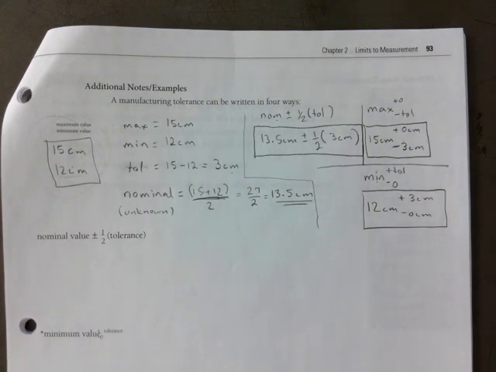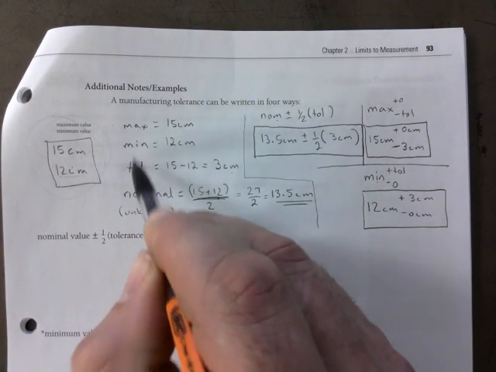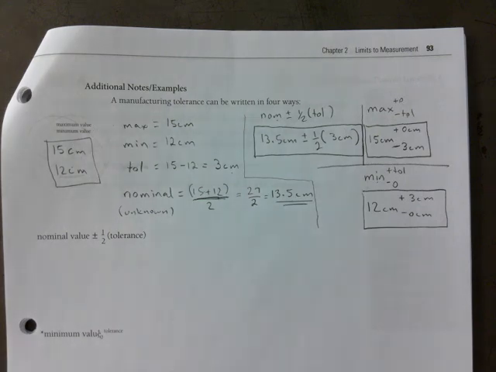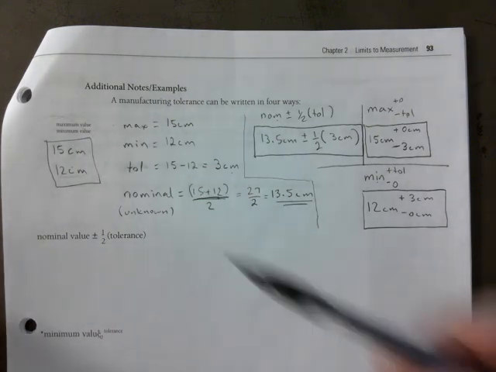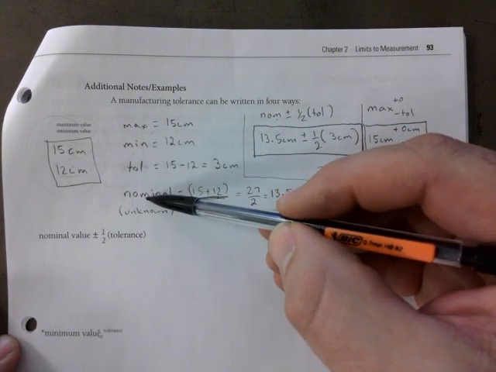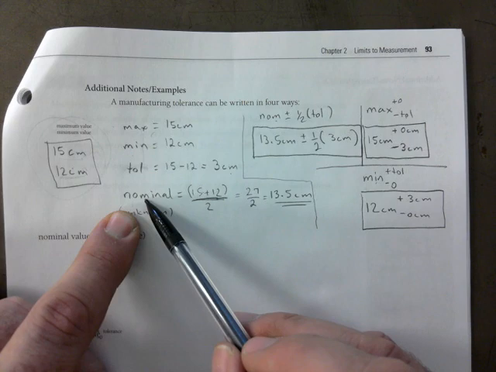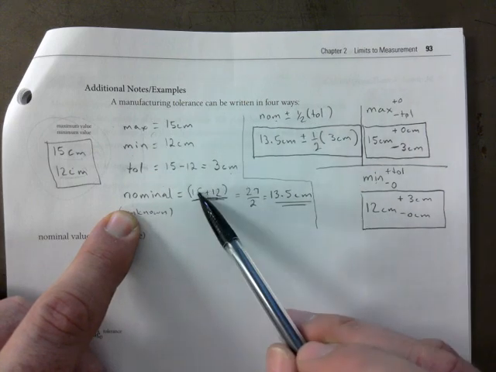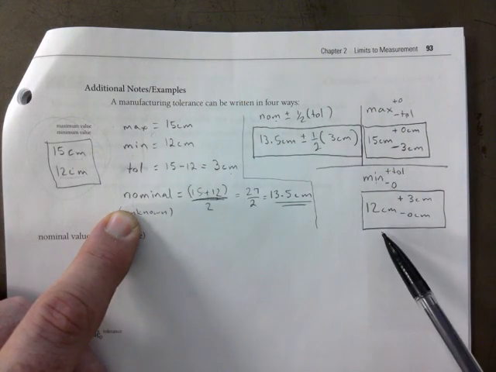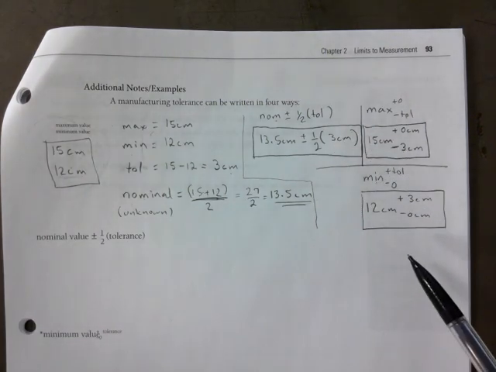Okay. Once you have these four, you can go and figure out the others, right? Max, min, tolerance, nominal. If you do this every single time, I'm going to give you one, you fill in these four, and then you state the other three, right? So I'm going to give you one, you need to figure out the other three.